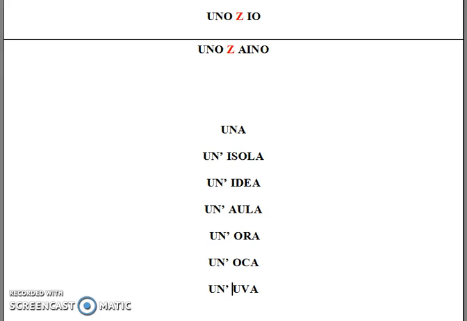So again, we go over the feminine article. The feminine article is una, but when it appears in front of a vowel, such as the E of isola, the A of aula, the O, the U, we remove the final A and we insert the apostrophe.